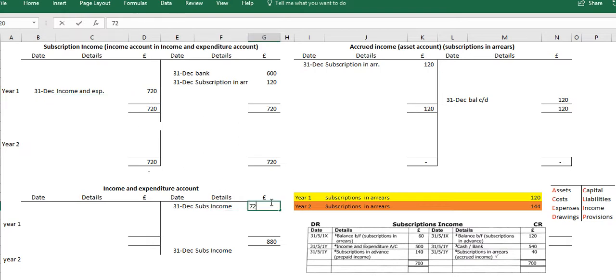And that becomes 720. So now we've recorded that for this year one, we've had in our income and expenditure account a total income of £720. So that includes that £120 that we originally didn't see here.